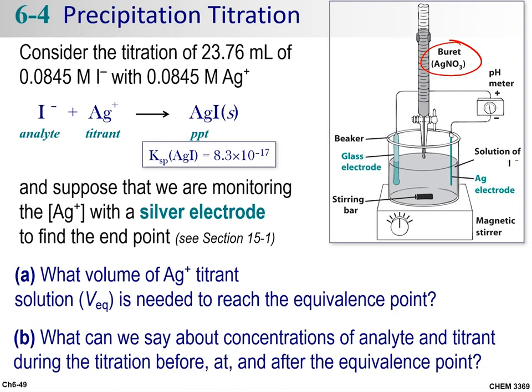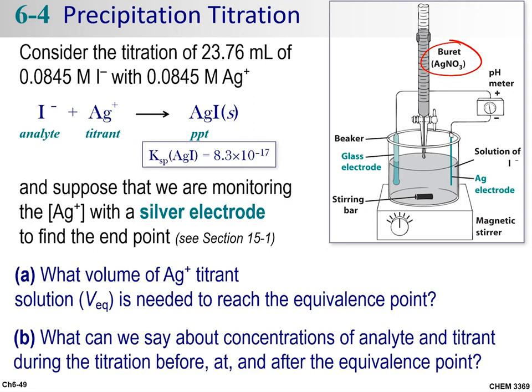Okay. Now, in this example, we do know the concentration of the iodide, okay? But normally, this is something you don't know, and you perform this titration to calculate the concentration of iodide. But for our purpose, we will assume that we know this concentration because we want to calculate the equivalence volume, okay? All right, so we will start with calculations of the volume of silver plus titrant solution that is needed to reach the equivalence point.